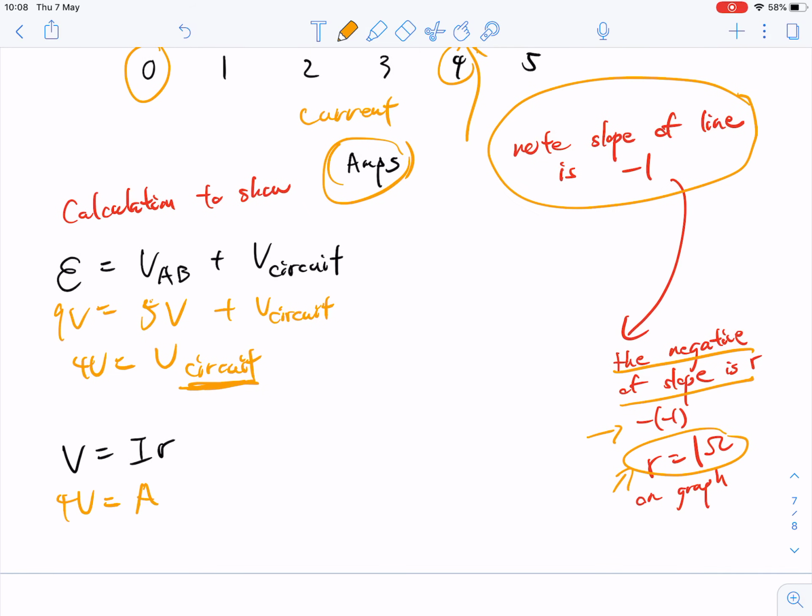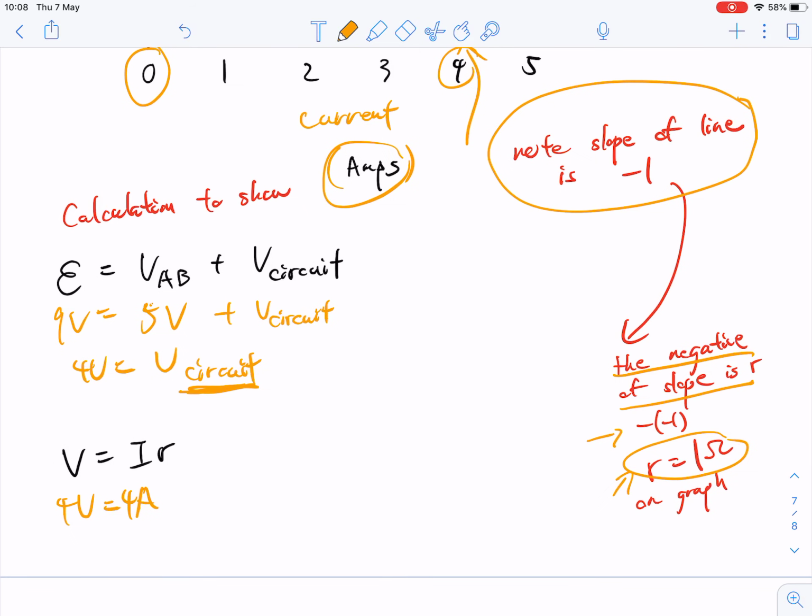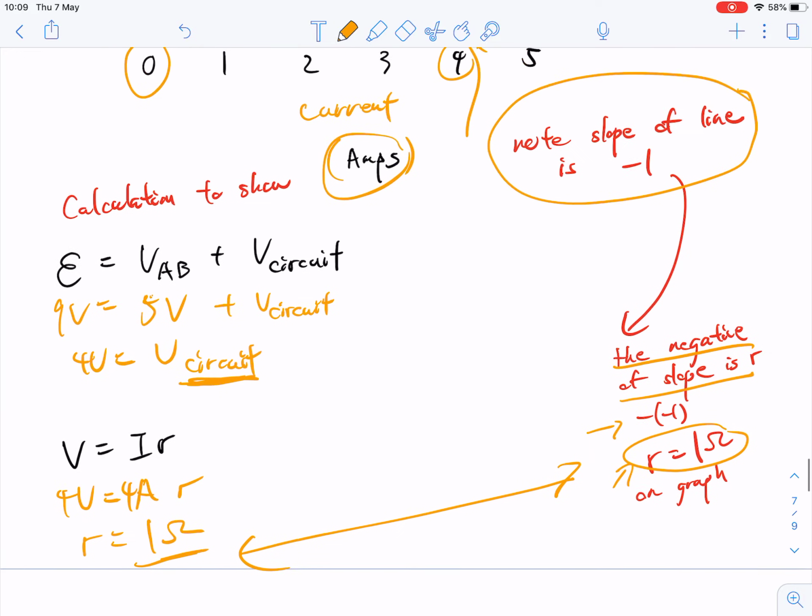Current is consistent in series, okay? And so when we do the division, we also get 1 ohm as well, okay? And I quite like these calculations, in the sense that you can solve for things in multiple ways, and that also allows you to check your answers as well.